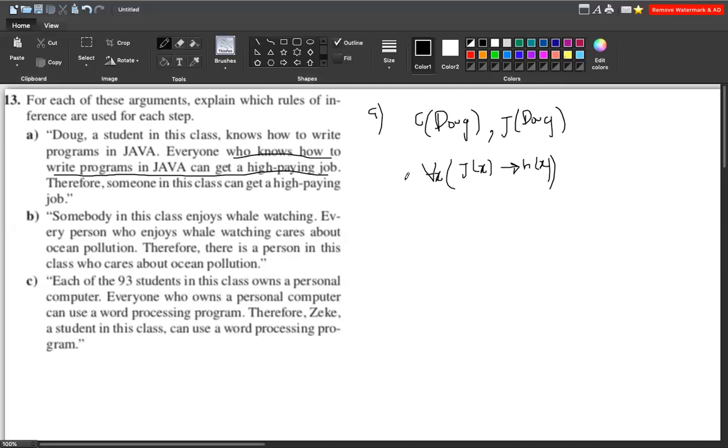So these are our premises, and then we have to deduce some other premises. Because we know that here it is Doug, we will use the fact that Doug is a student in this class and he knows how to write programs in Java.